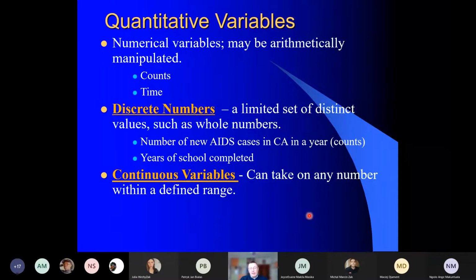Continuous can take any number within a defined range. Here we have, for example, heart rate or an ECG signal, but when we make a recording, we turn it into discrete values. We record some fixed value and provide some quantification for continuous variables. So in fact, they are almost imaginary because practically we work only with discrete values.